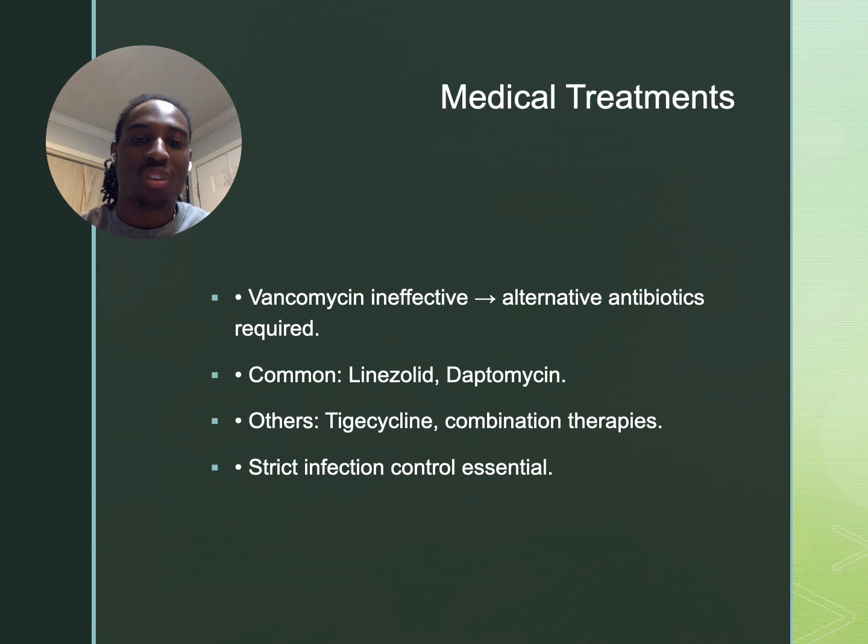Both are strong antibiotics that require careful monitoring because they can cause side effects such as low blood cell counts, muscle pain, and GI issues. Other medications such as tigecycline or combination antibiotic therapy may be used in more complicated cases. But infection control measures are essential with VRE patients.